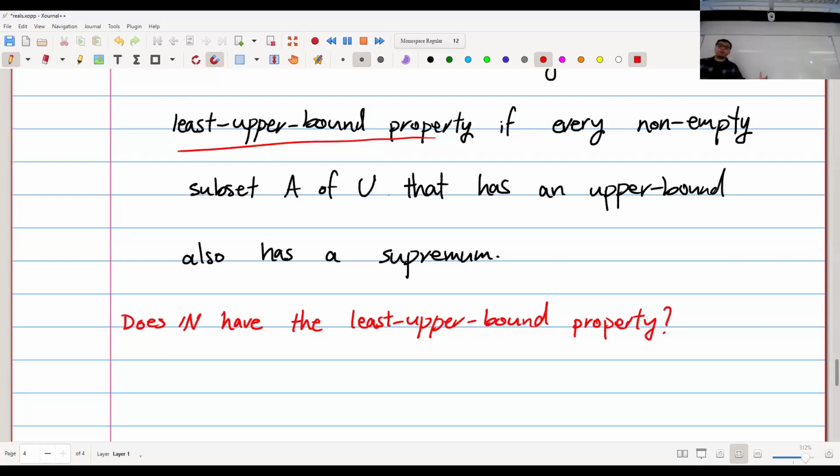If I have a subset of natural numbers that is bounded from above, will it always have a smallest upper bound in natural numbers? Yes.